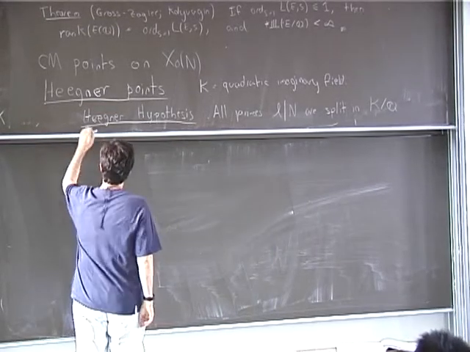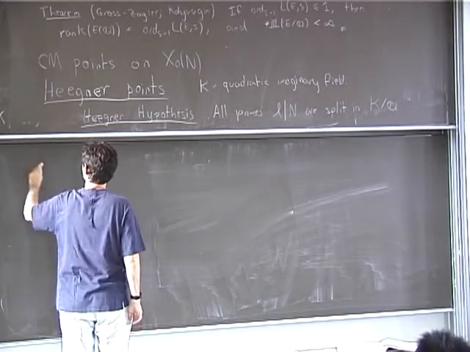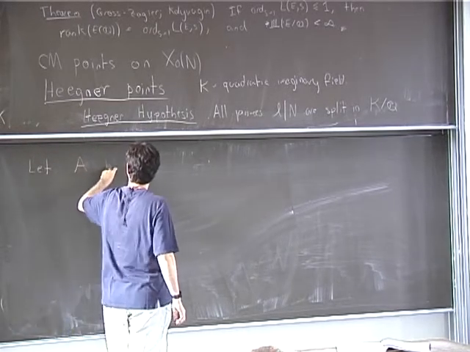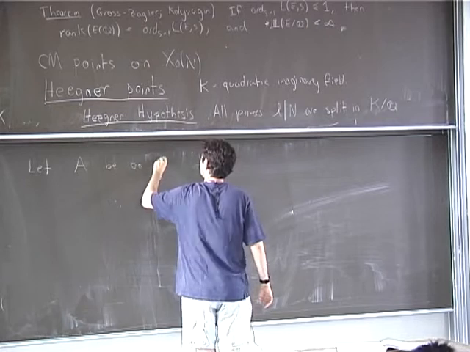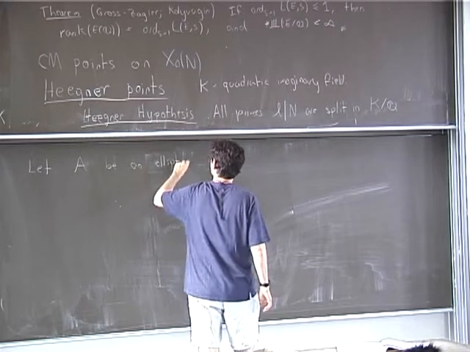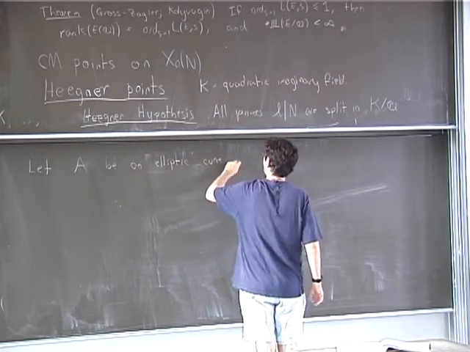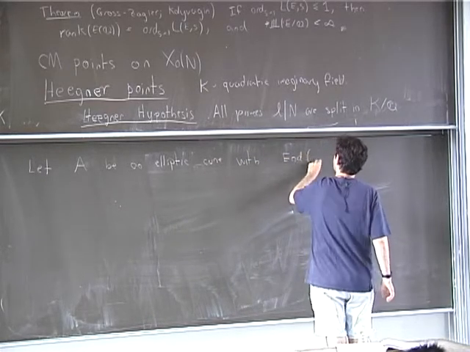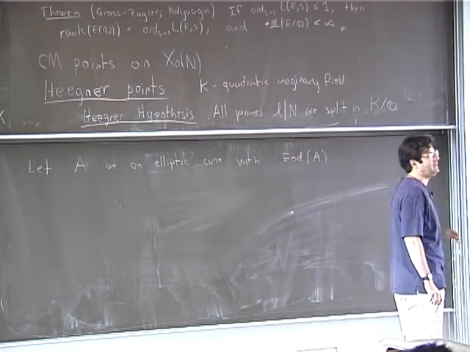And now let A be an elliptic curve whose endomorphism ring, so I really want to look at the endomorphism ring, not the endomorphism algebra.